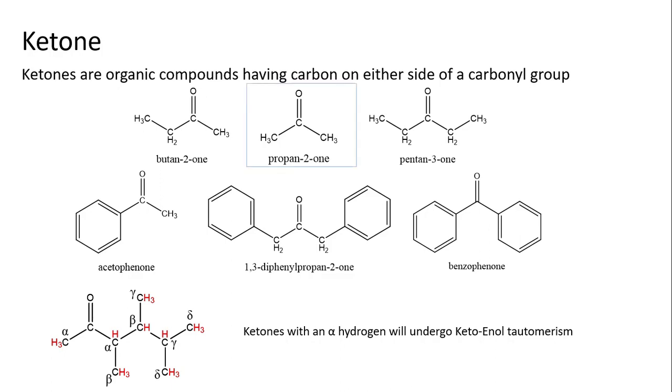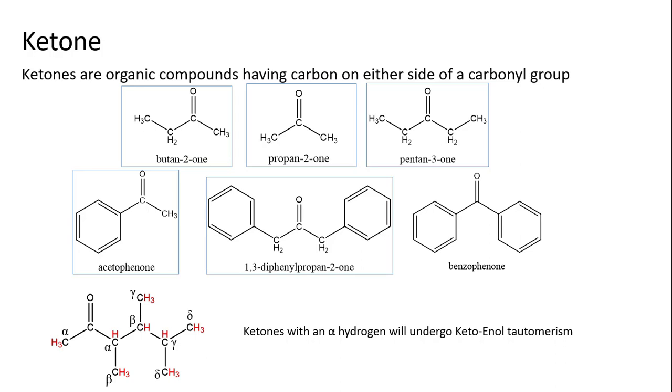Acetone has 6 alpha hydrogens, 2-butanone has 5 alpha hydrogens, 3-pentanone has 4 alpha hydrogens, acetophenone has 3 alpha hydrogens, and dibenzyl ketone has 4 alpha hydrogens, while the benzophenone has none of them. So benzophenone is a non-enolizable ketone. It is a ketone which cannot be enolized. It cannot be changed into its enol form.